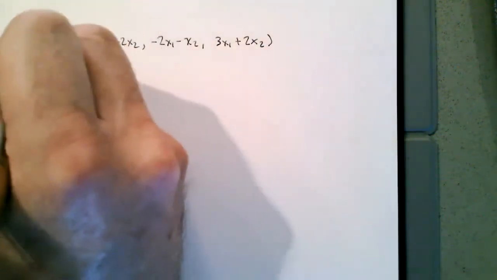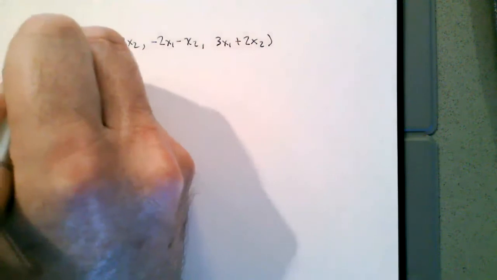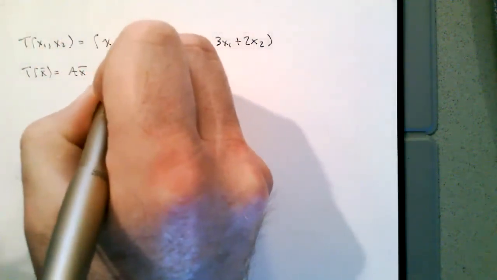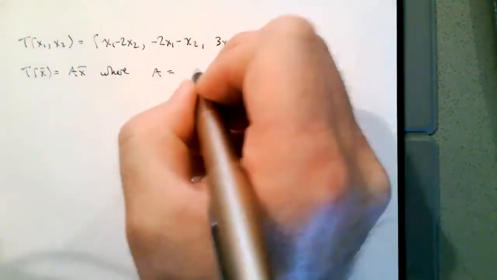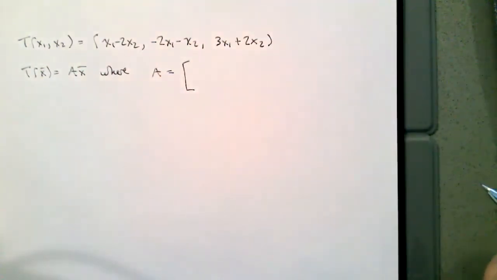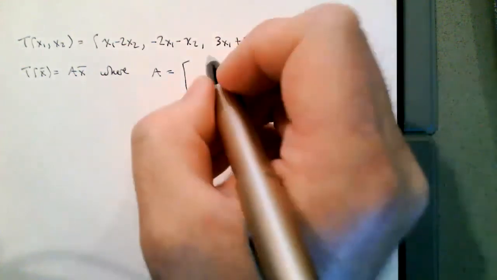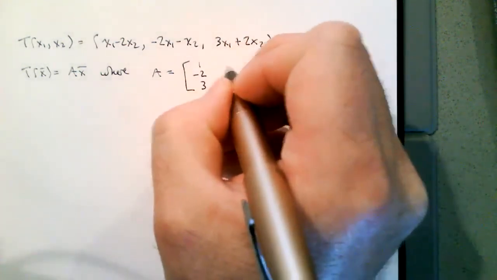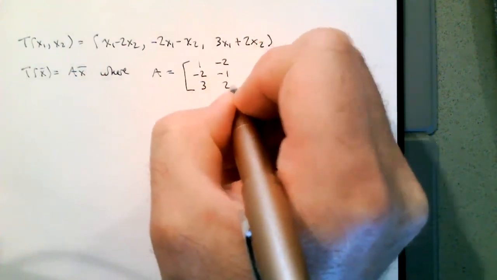And we're also saying that T of x is equal to Ax, where A is this 3 by 2 matrix. It's going to be 1, negative 2, 3, and negative 2, negative 1, 2.